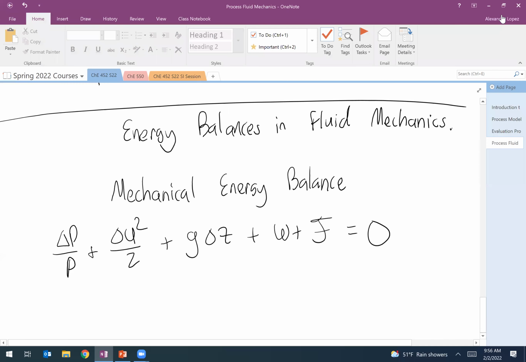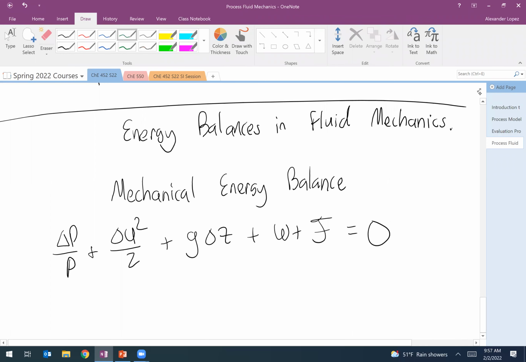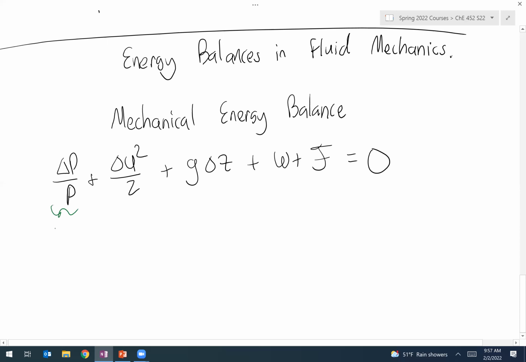Now, some big-picture concepts to keep in mind: the first three terms denote the internal energy, kinetic energy, and potential energy of your fluid at a given state. A lot of times when we apply the mechanical energy balance, we're interested in looking between two states or between 2 points.